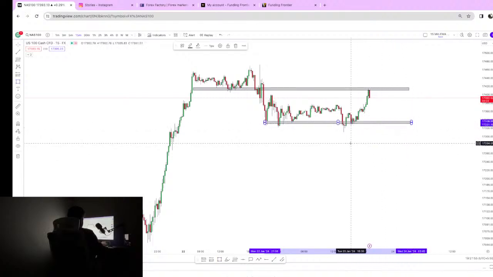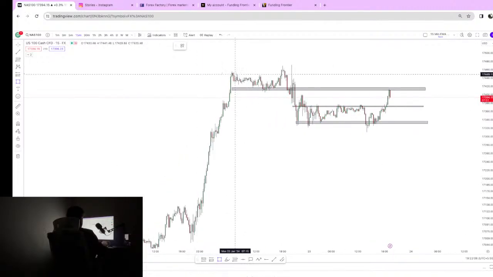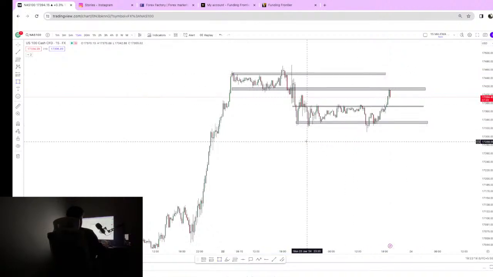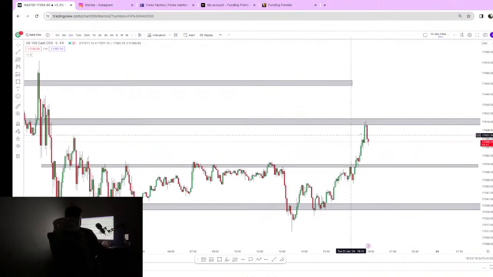If we consider a minor zone, then this is also a zone, and let's keep one bullish zone also. This will be a good one. Now let's shift to the 5 minute time frame and observe what the market is doing.